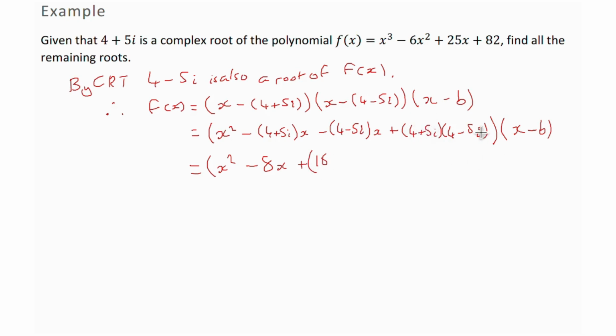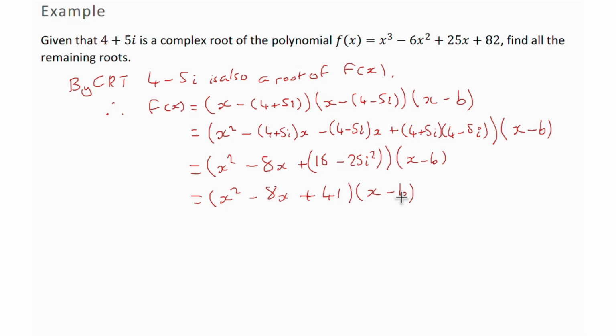And then 5i times minus 5i is going to be minus 25i squared. But that's going to simplify down, since i squared is negative 1. So it's x squared minus 8x plus 41, because this becomes plus 25, times x minus b.